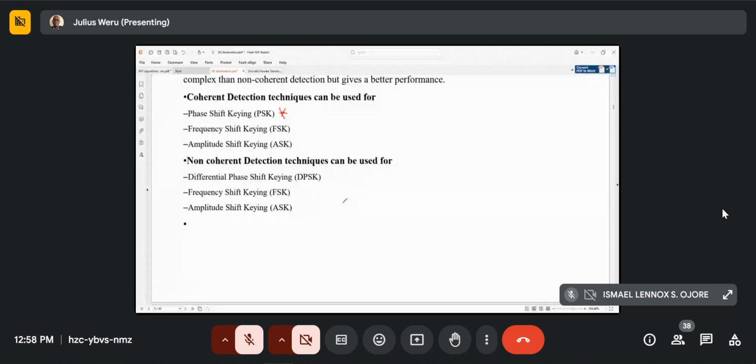So there are various methods. We are not going to look at them. They are the same methods used in analog modulation, and they are complex. That's why, if you have a chance of using non-coherent detection, you use it, because reproducing that phase from the received signal is tricky.